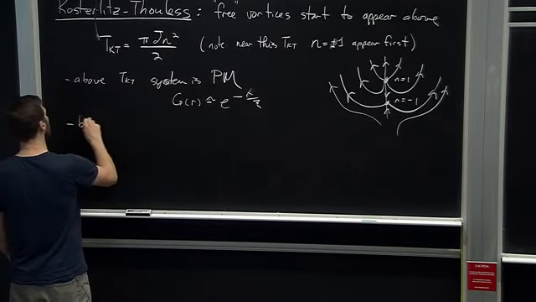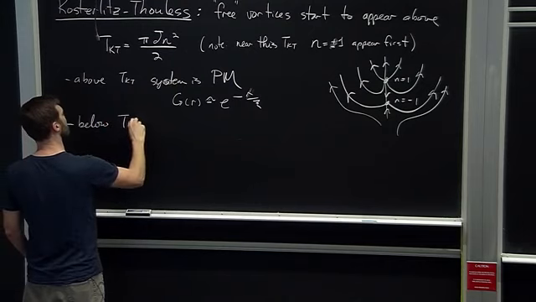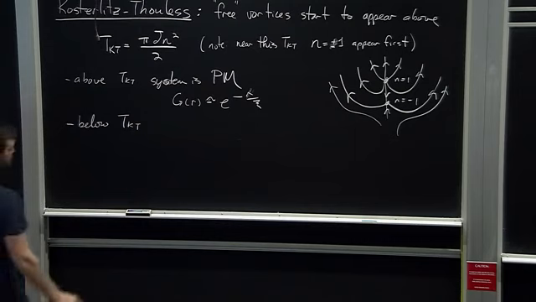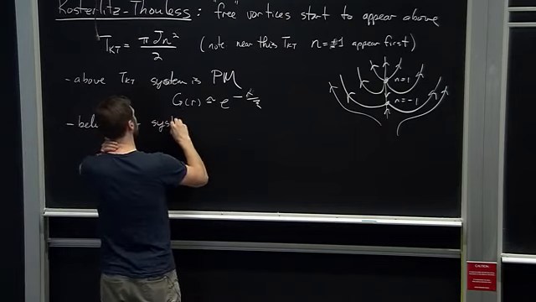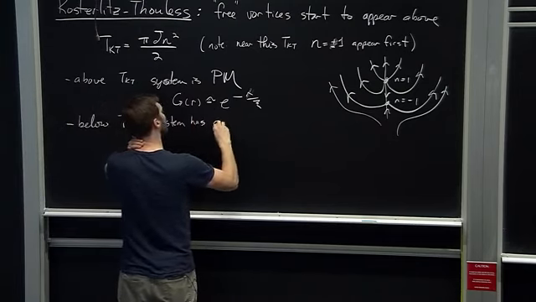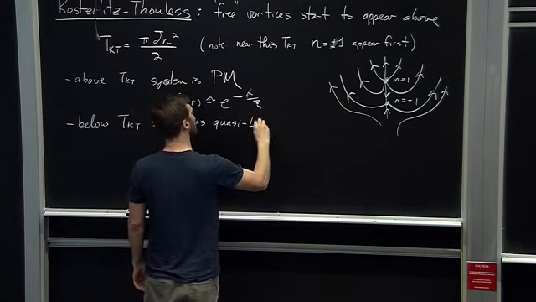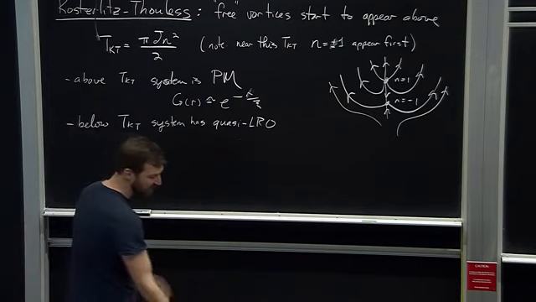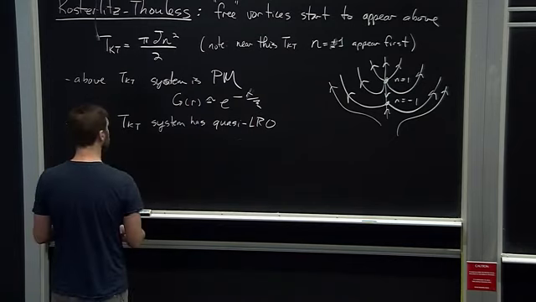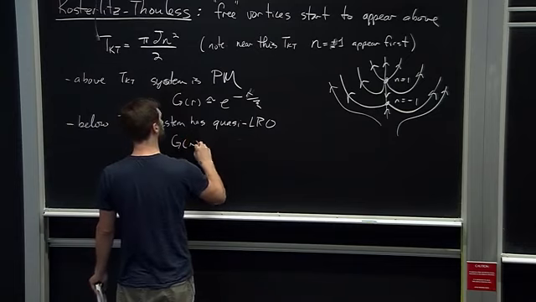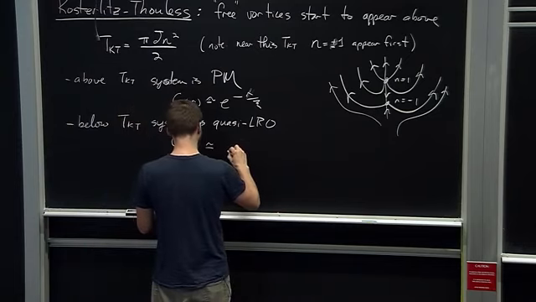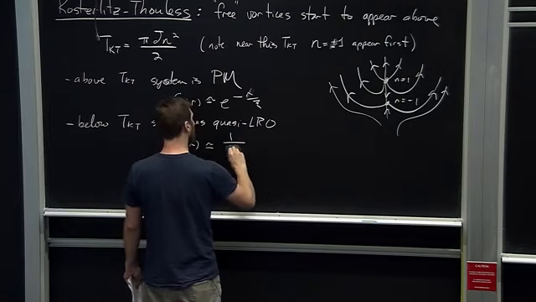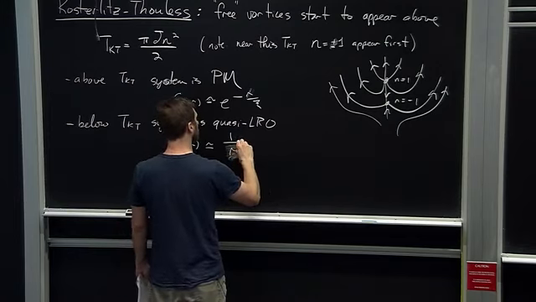There's a correlation length, so it's just the usual paramagnetic phase. Whereas below the Kosterlitz-Thouless transition, we call this quasi-long range order, because it's critical in some sense. And the two-point function looks something like 1 over r to the power d minus 2 plus eta.